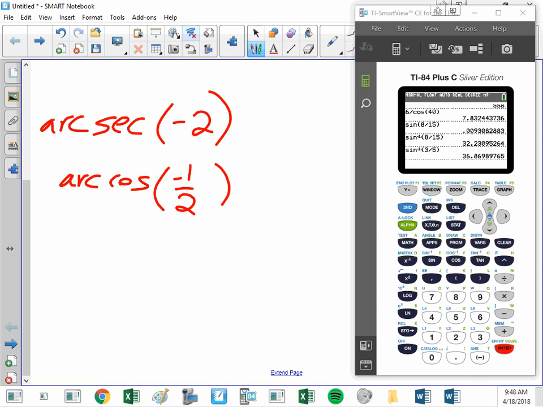I bet the answer is going to be in 2, because usually when you're doing this, you're building a triangle. And if the answer was 240 degrees, what's wrong with that? It doesn't fit in a triangle. So you can actually have a triangle that has a 120-degree angle, but not a 240-degree angle. So in that case, it's going to be in quadrant 2.